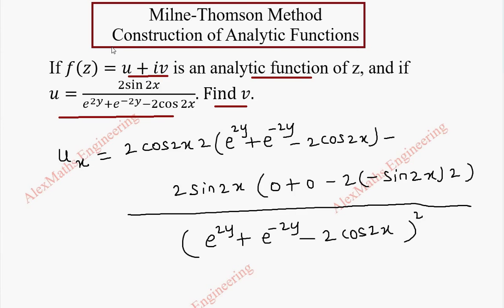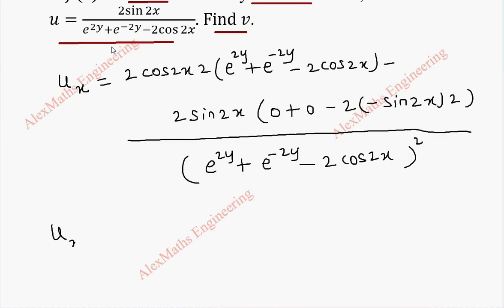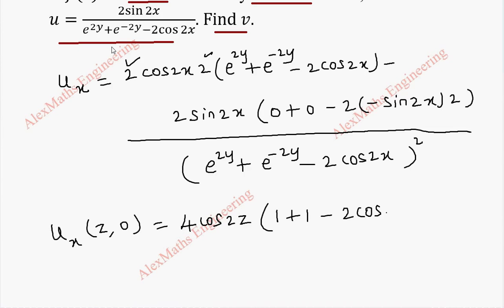Now we have to find u of x at z comma 0. So when I substitute x as z, the first term is 4 cos 2z. We multiplied these two 2. Then when y is 0, e power 0 is 1. Similarly here e power 0, that is also 1, minus 2 cos 2z.